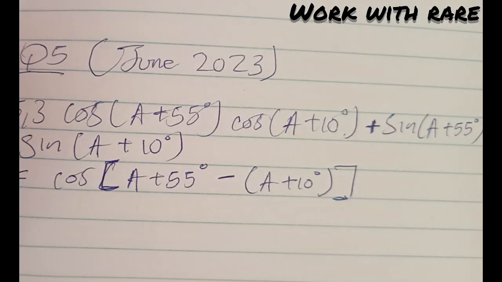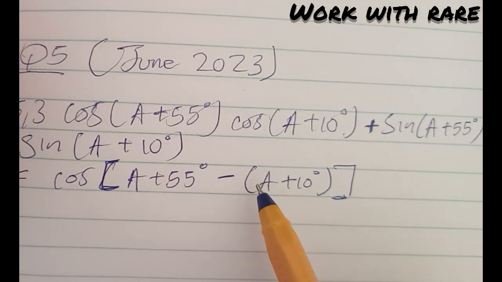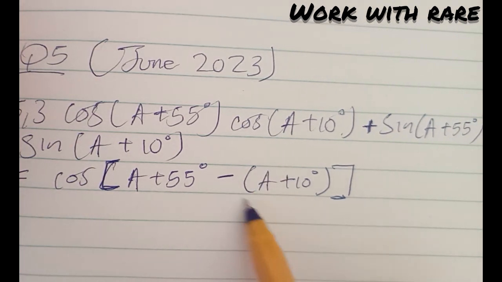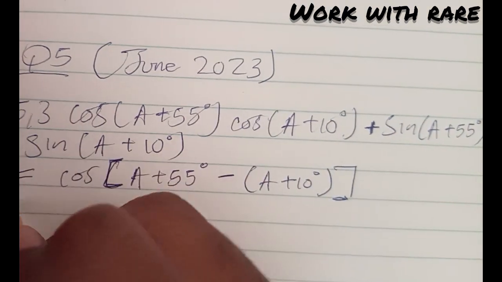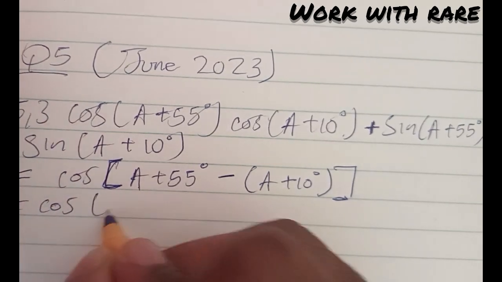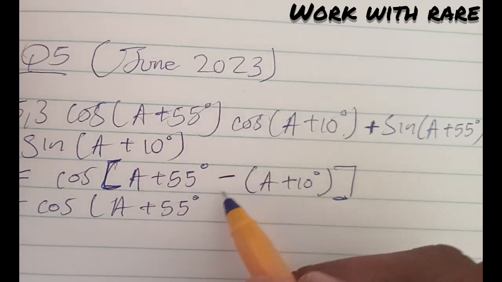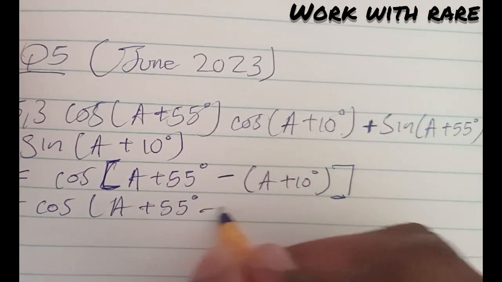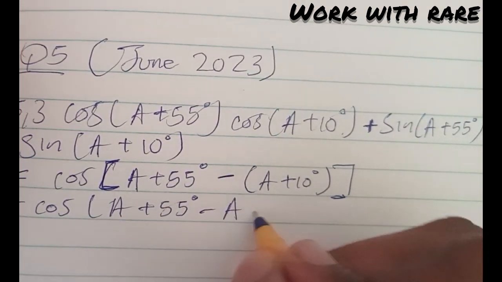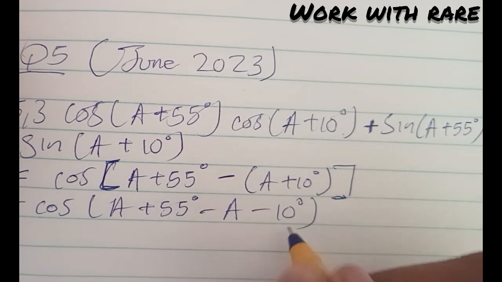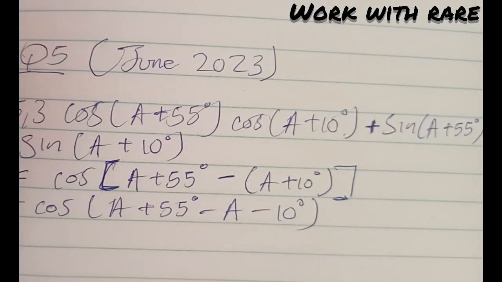The following step, now I will have to remove this bracket. So I will have a plus 55, negative multiplied by positive is negative. Now I collect like terms.